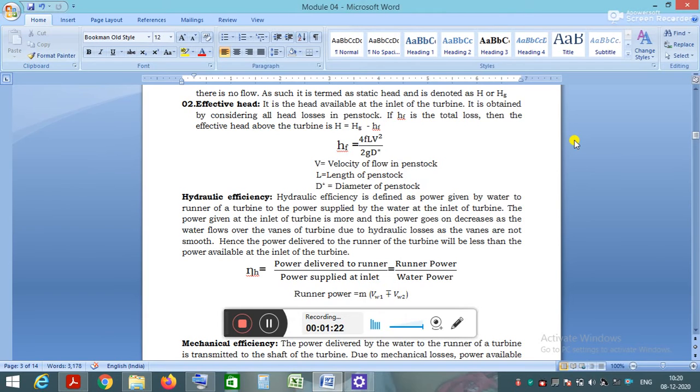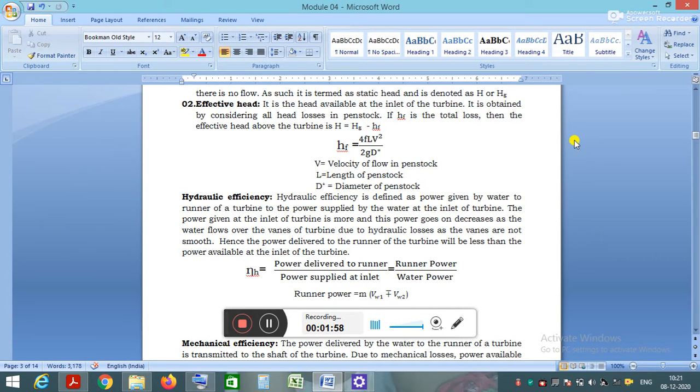Hydraulic efficiency is defined as the power given by the water to the runner of a turbine to the power supplied by the water at the inlet of the turbine. That means it is the ratio of the power delivered to the runner. All the power which is given by the water is not going to convert into runner power.